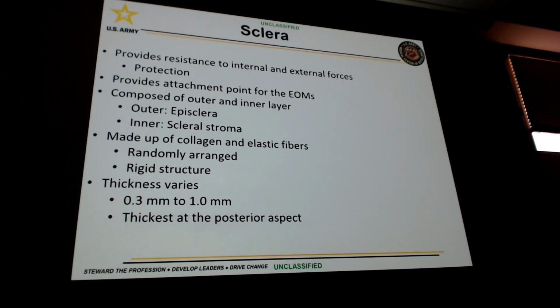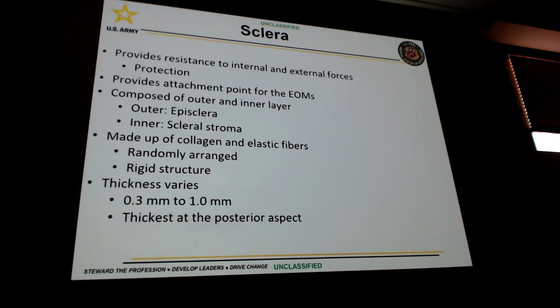All right. So again, the sclera from anatomy is the white part of the eye. You want to think of it just as the white part of the eye. That's perfectly acceptable. It protects the eye, okay? Provides an attachment for the extraocular muscles. And there's really kind of 2 layers to the sclera. There's the sclera itself, and then there's a layer above the sclera that we call the episclera.